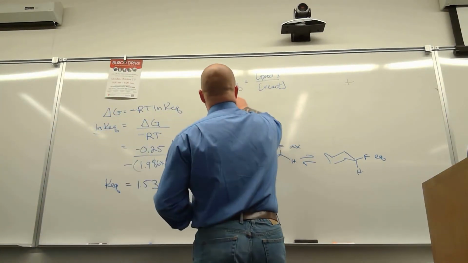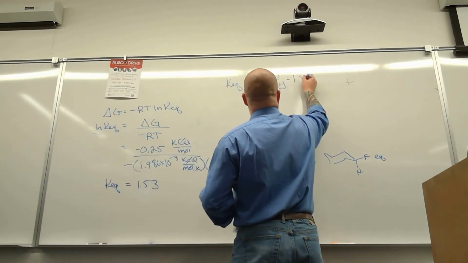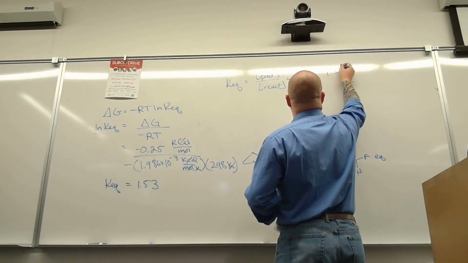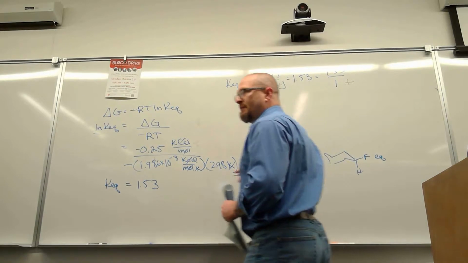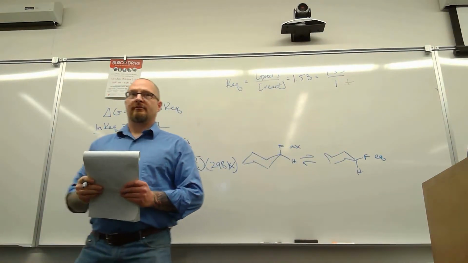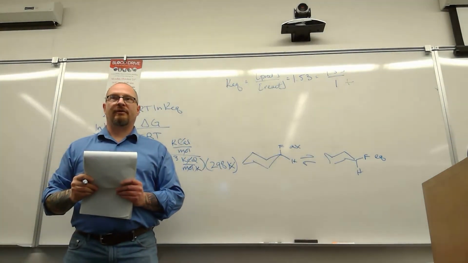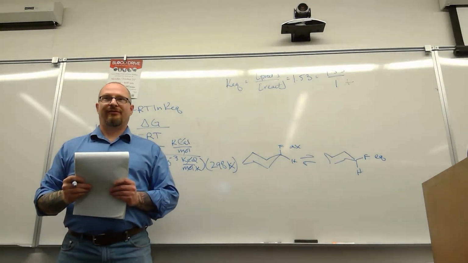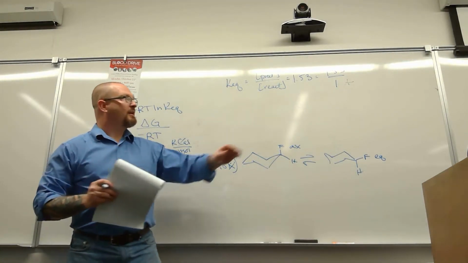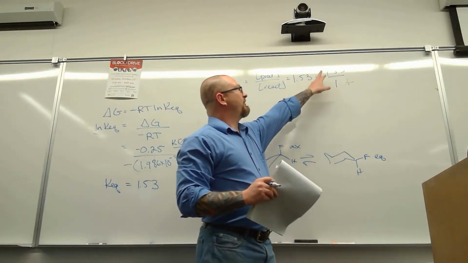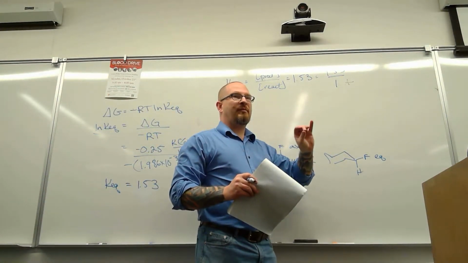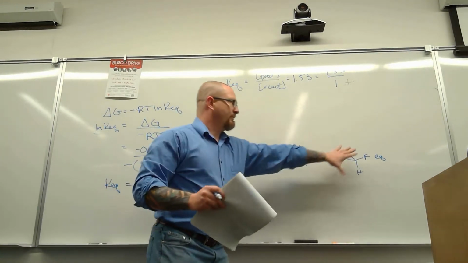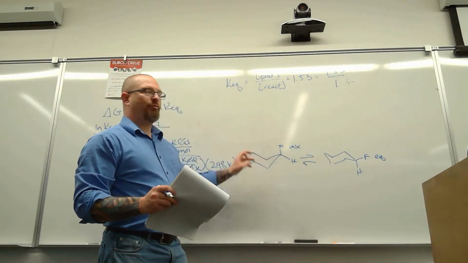So if this equals 1.53, what that means is that you have a ratio of 1.53 to 1 for your product to reactant. And the reason it has to be 2.53 to find the percent is because if it's a ratio of 1.53 to 1, that means that there is one part that is 1.53, and there's another part that has a full part allocated to it.